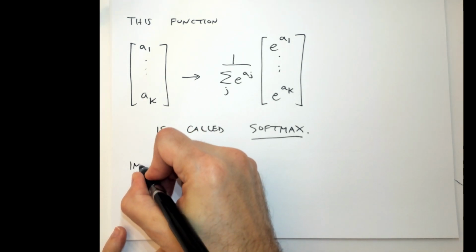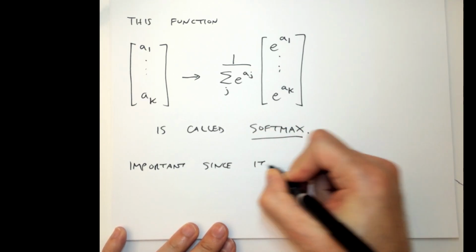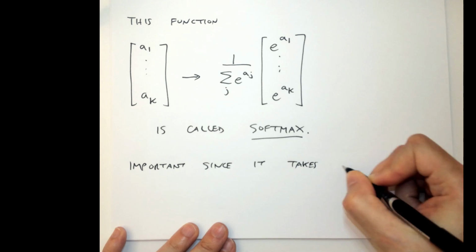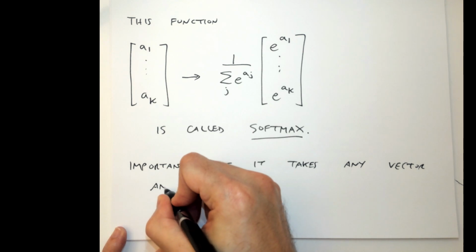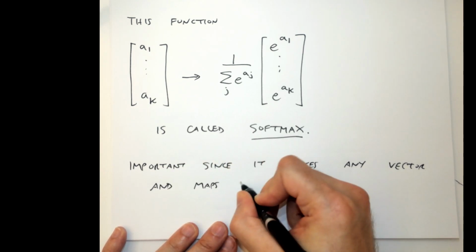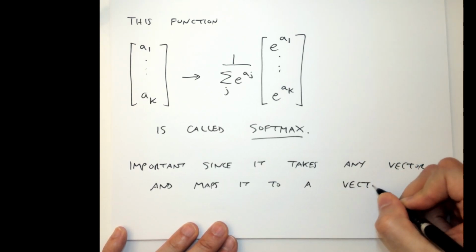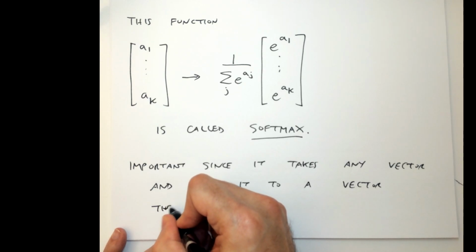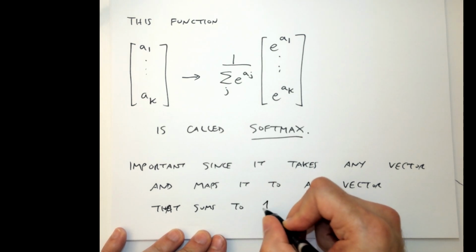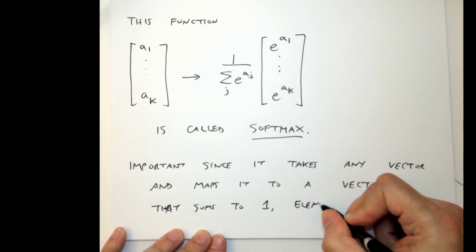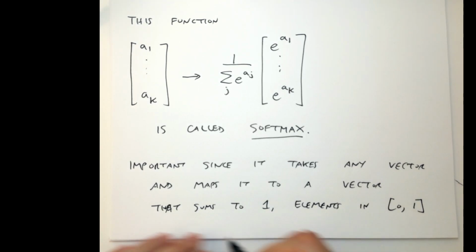So this is important, since it takes any vector and maps it to a vector that sums to 1, with elements that are in this range 0 to 1.